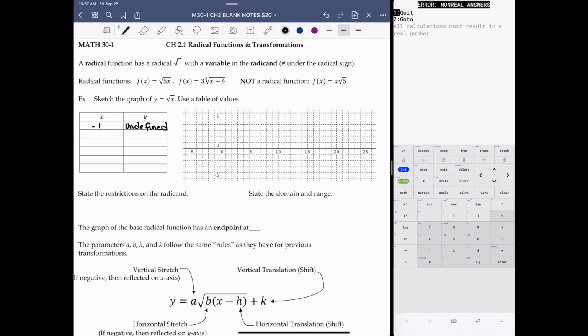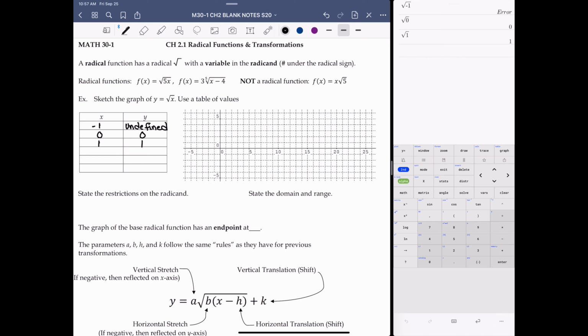Okay, let's go back and pick some numbers that are going to work. Let's do x equals 0. The square root of 0 is 0. The square root of 1 is 1.